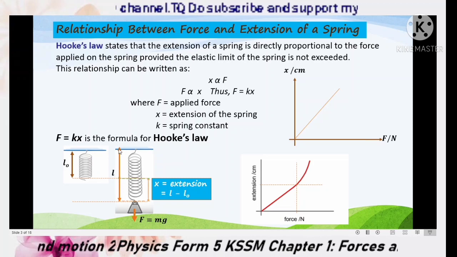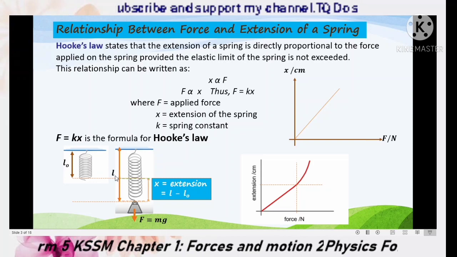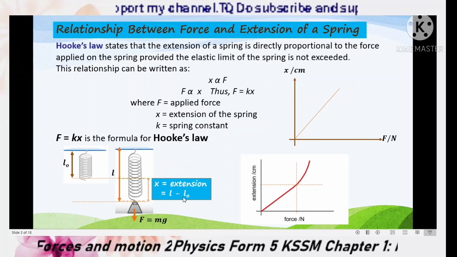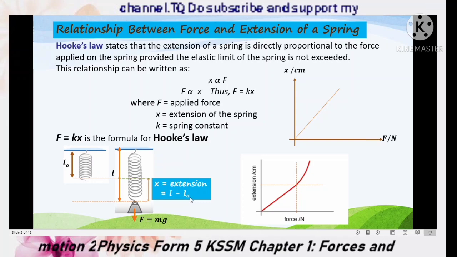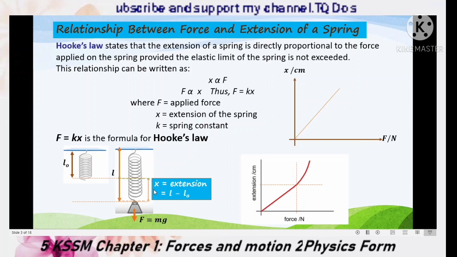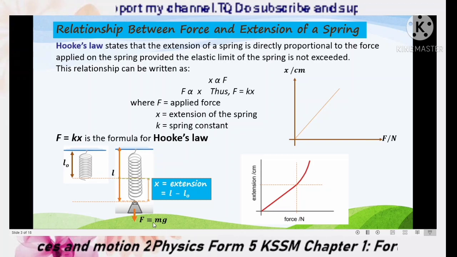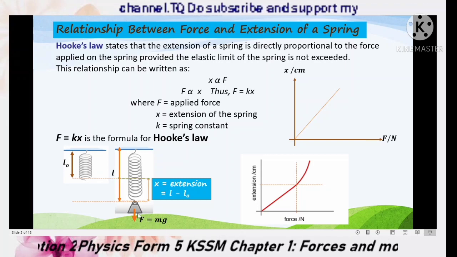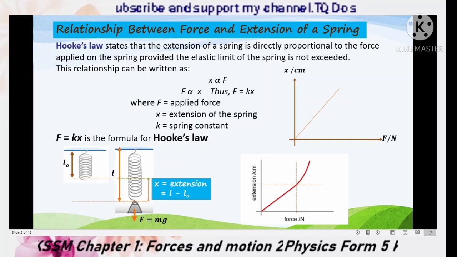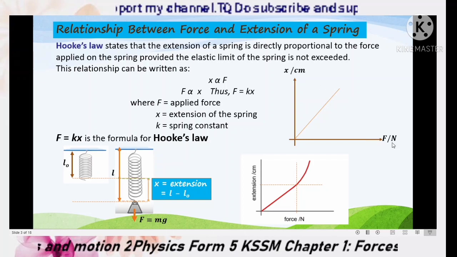So the new length of the spring with load we mark as L. The difference in length, L minus L0, is known as the extension of the spring. So what you do, you repeat the experiment by using different masses of load, then record the value of X. With the data recorded, we can plot a graph of X against F.